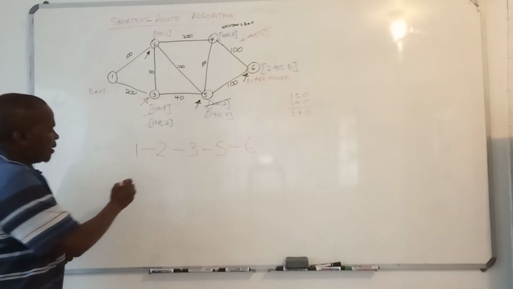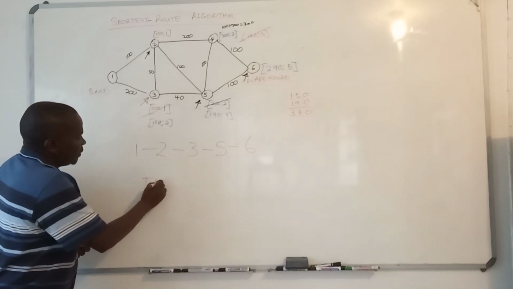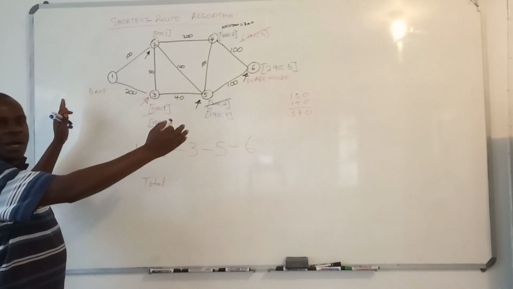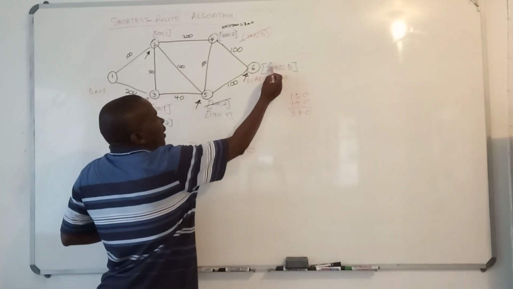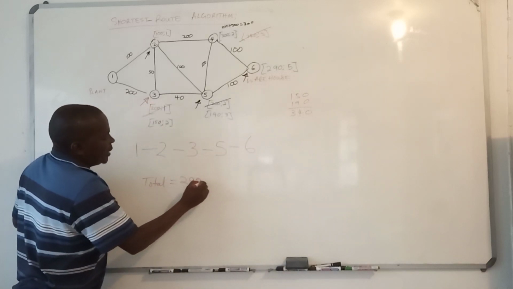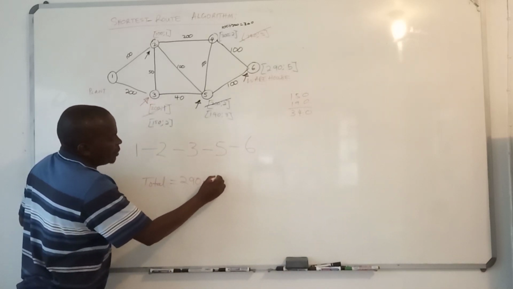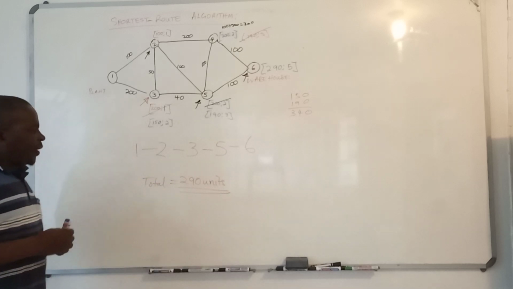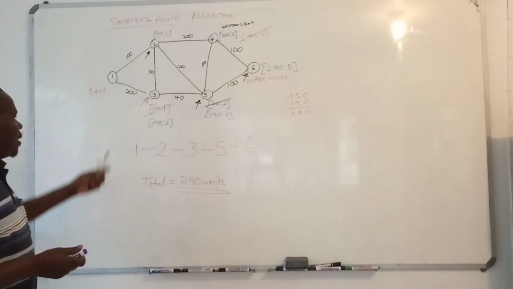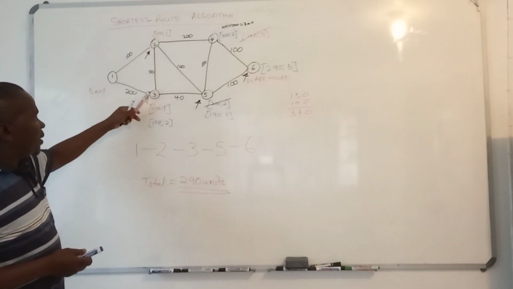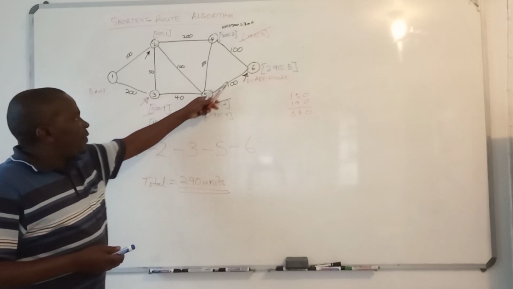And then the total number of units between the plant and the warehouse, you simply take that value there. It is going to be 290 units. So that's the final value that we are getting from this route here: 1, 2, 3, 5, 6.